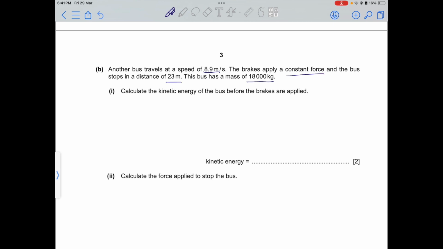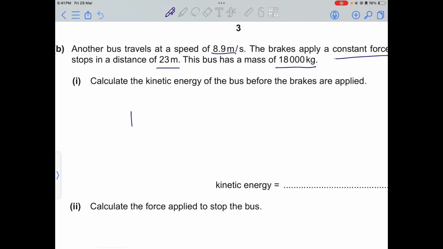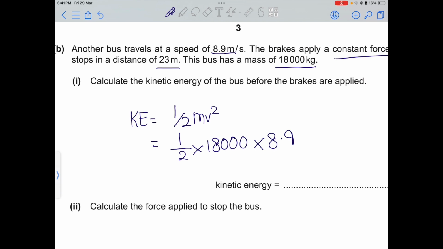The bus had a mass of 18,000 kg. Now it says calculate the kinetic energy. The kinetic energy, simple formula, half mv squared, where only v is being squared. So the mass is 18,000 kg, and the velocity of the bus is 8.9 squared. So if I calculate that, that gives me 0.5 into 18,000 into 8.9 squared, which is 712,890.